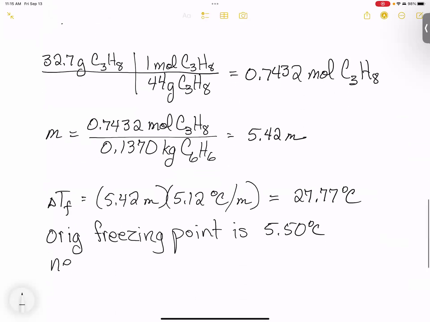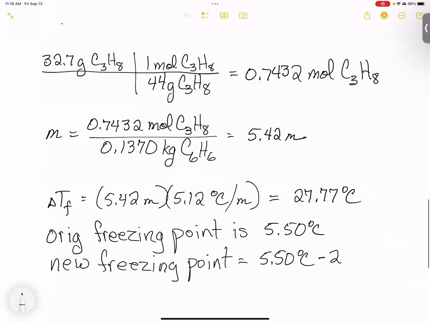The new freezing point is going to equal that 5.50 degrees Celsius minus 27.77 degrees Celsius. Or in other words, it's going to be negative 22.27 degrees Celsius.